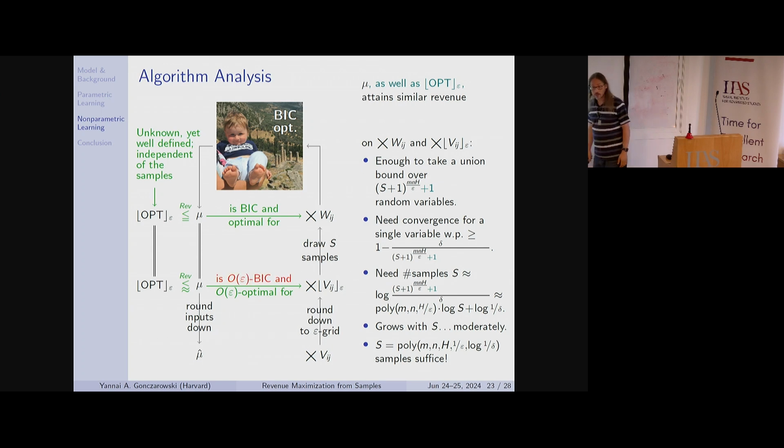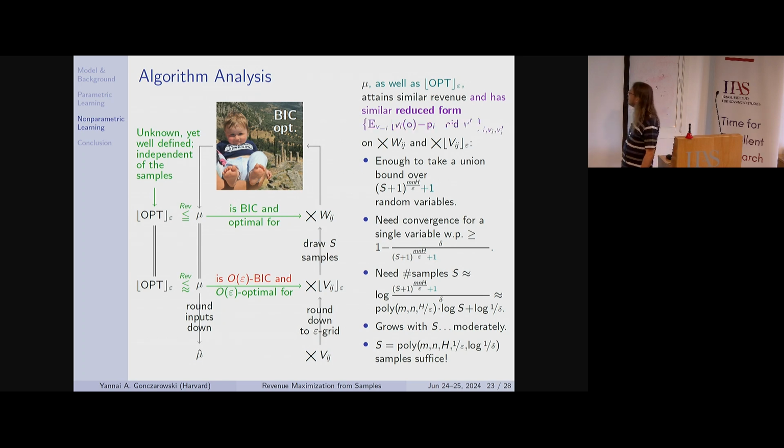What about epsilon DIC? Here, what I need to prove to you is not only that mu has similar revenue here and here. What I want to prove to you is that mu, as well as opt, not only attains similar revenue here and here, it also has similar reduced form here and here.